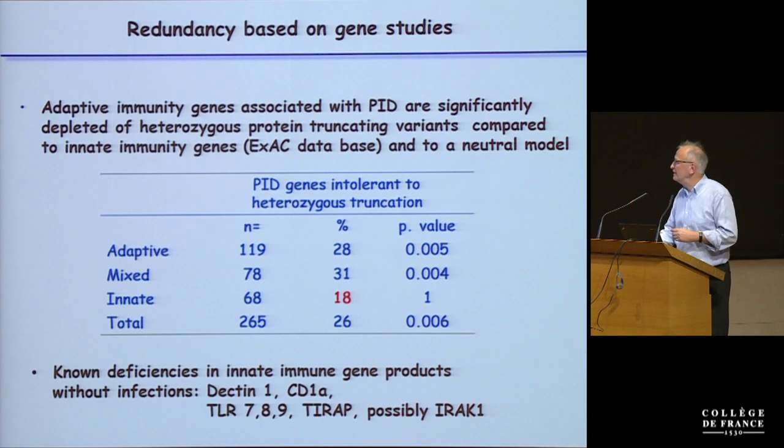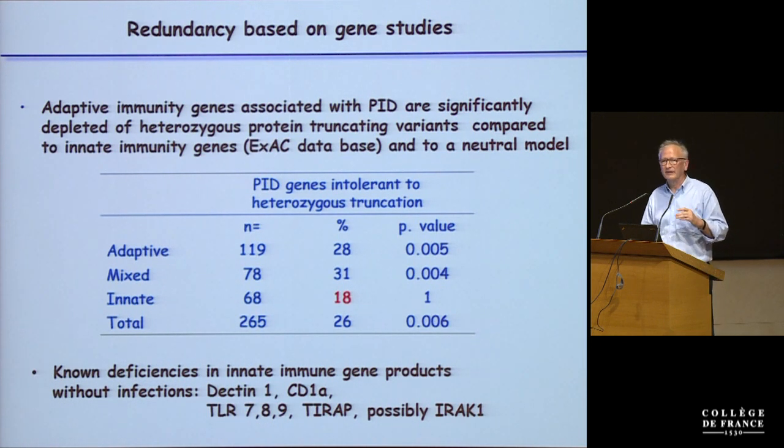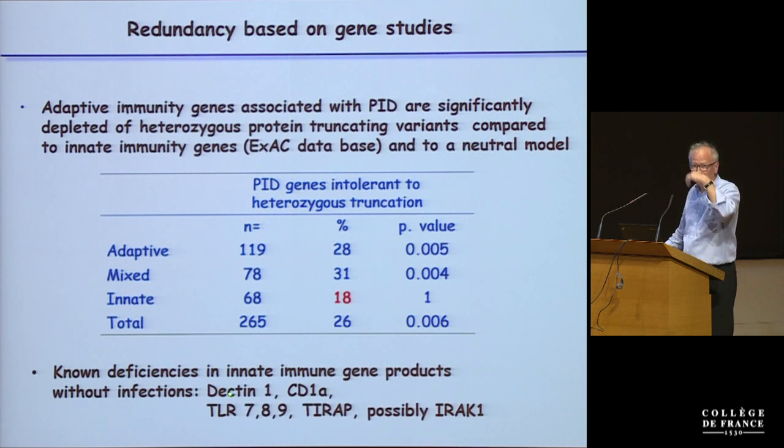And in addition, there are certain innate immune gene products that have been described, not in all, but in most of the cases, in the absence of infections. Dectin-1 has been described with invasive fungal infections, but in many other people who are asymptomatic. CD1A, which is a molecule involved in triggering innate immunity of lymphoid cells, has been found defective without harm.